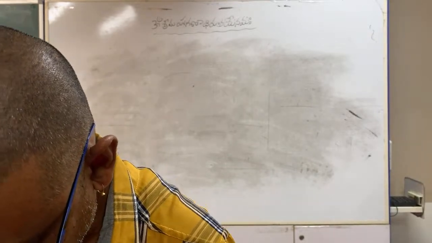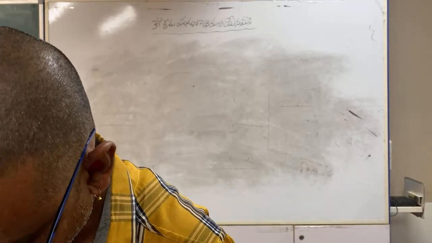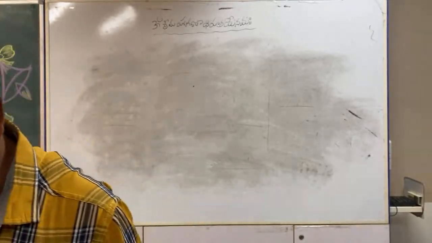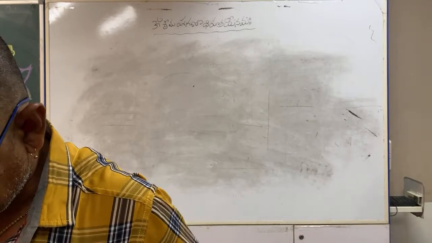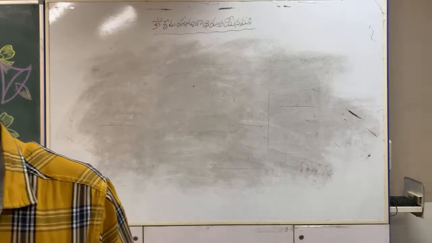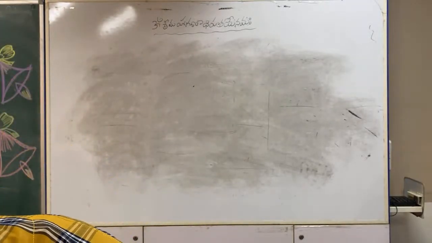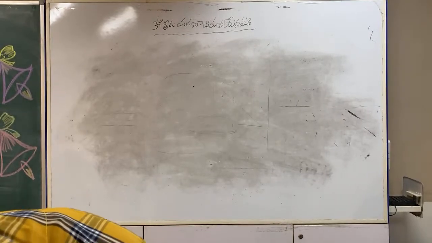Last question. 4 equal circles are described on the 4 corners of a square so that each touches 2 of the other. The shaded area enclosed between the circles is 24 by 7 centimeters.